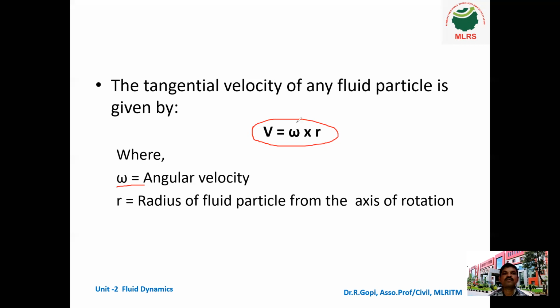So this is the formula for the forced vortex tangential velocity.